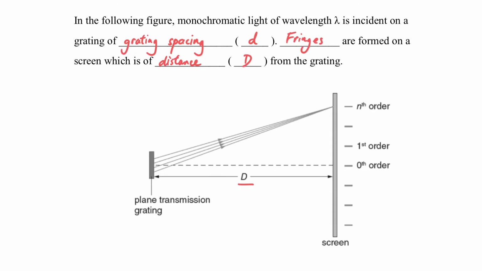So the capital D represents the distance between the screen and the grating. If we consider the nth order of light, we can define the angle theta from the central bright fringe to that particular bright fringe. So these are the values that we will use in the next part when we try to do some calculations.